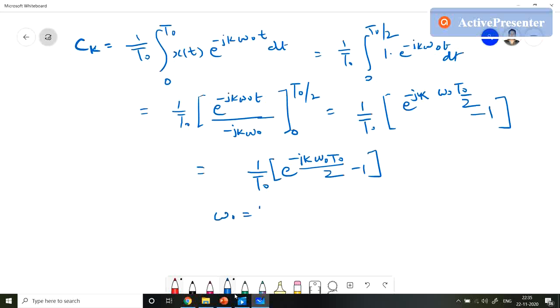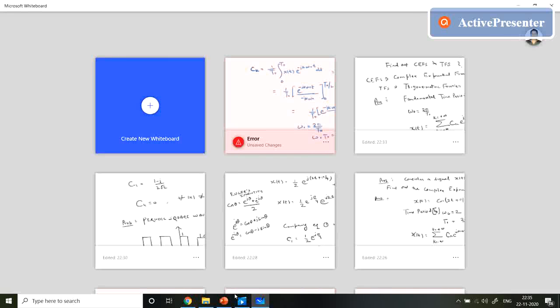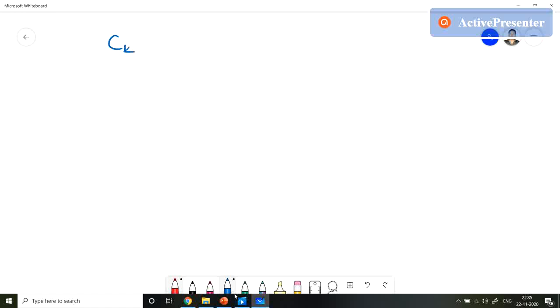And what is omega naught? Omega naught is equal to 2 pi divided by T naught, so omega naught T naught is equal to 2 pi. So ck we will get as 1 minus e raised to the power minus jk pi divided by j 2k into 2 pi.